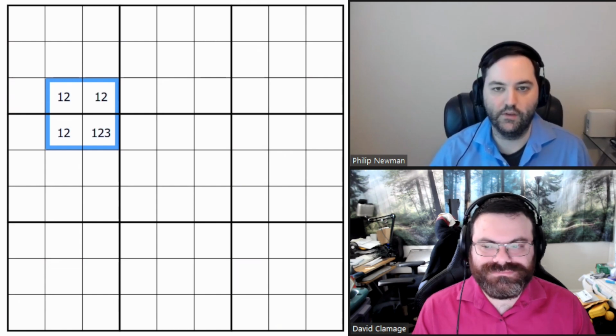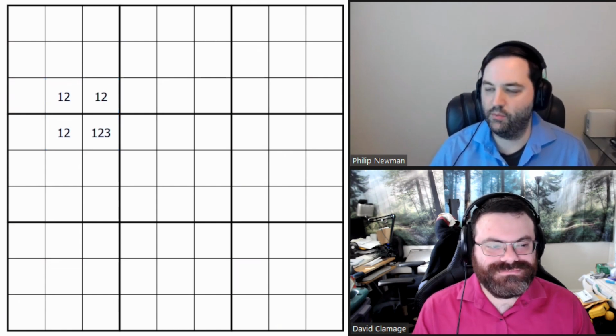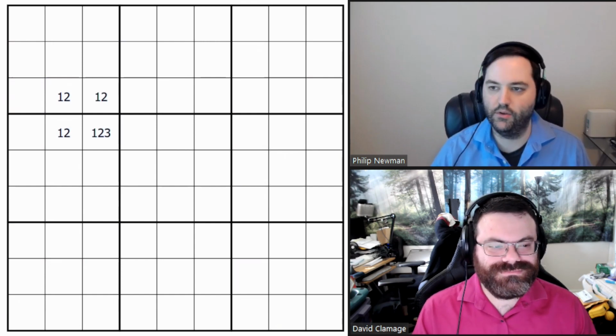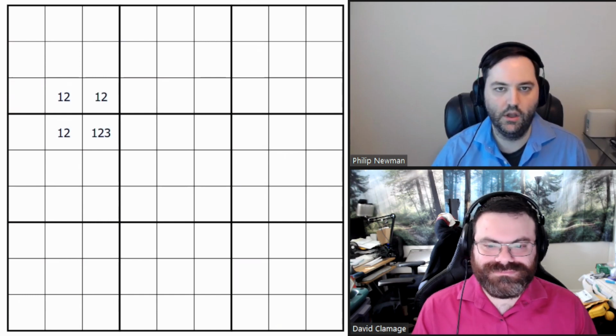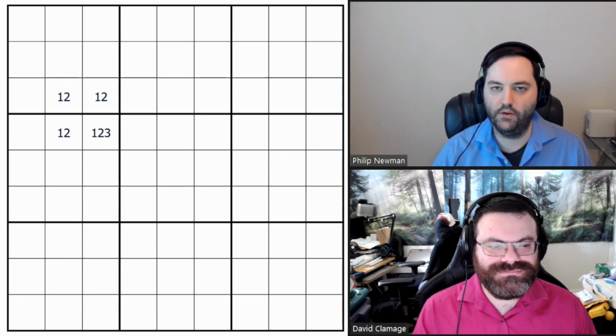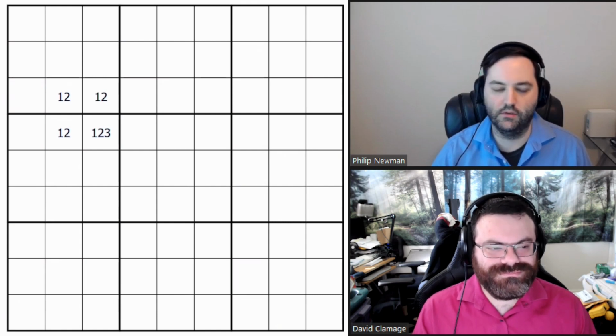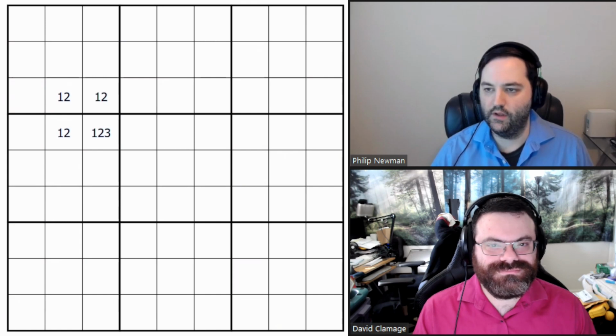So you'll see that. I have a few more examples for deductions that you can make. These are mostly based around the unique rectangle. There's one that's not. There's a wide variety of things you can do with this, including chains and loops and all sorts of crazy things.